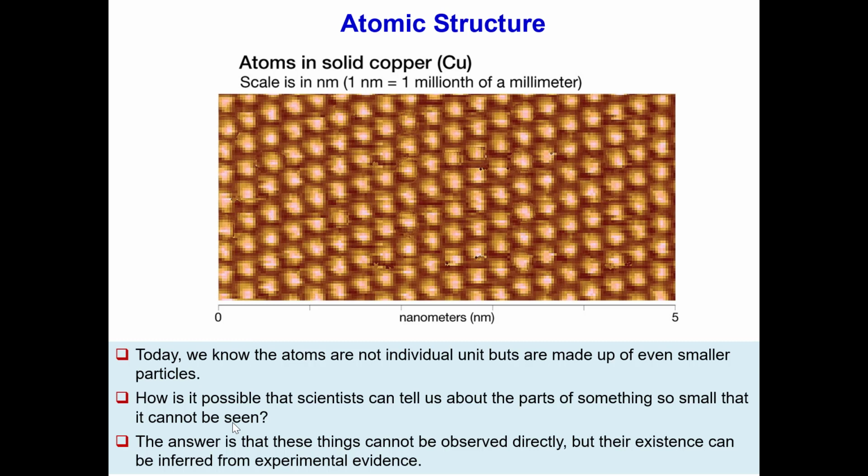Then the question is how it is possible that scientists can tell us about the parts of something so small that it cannot be seen. How can scientists talk about electrons, protons, or neutrons if we cannot see those particles? The answer is that these things cannot be observed directly, but their existence can be inferred from experimental evidence.